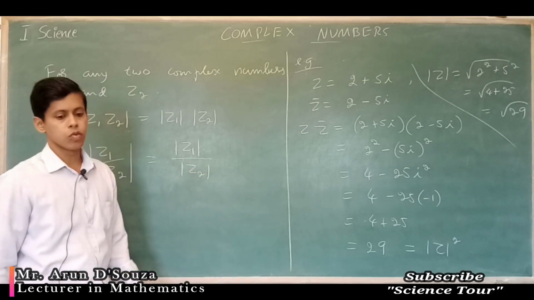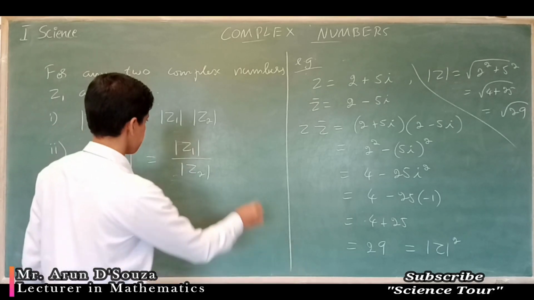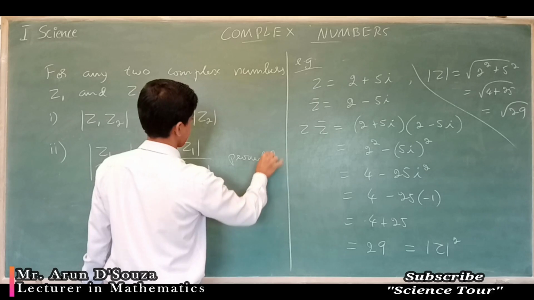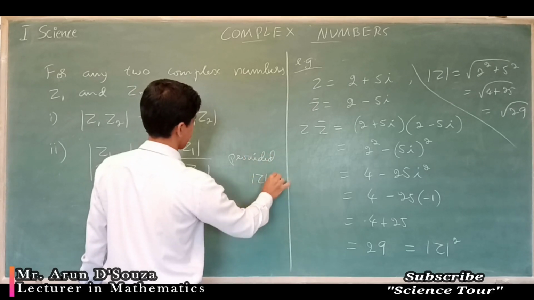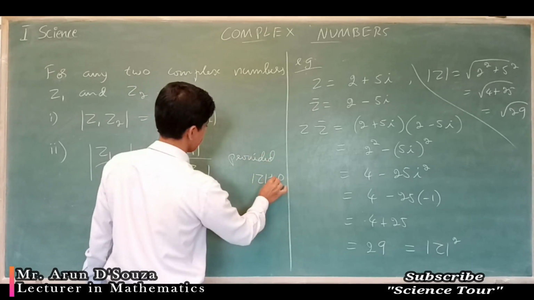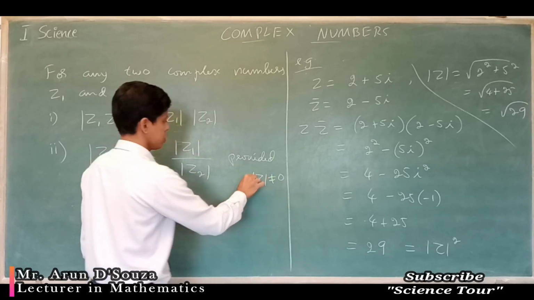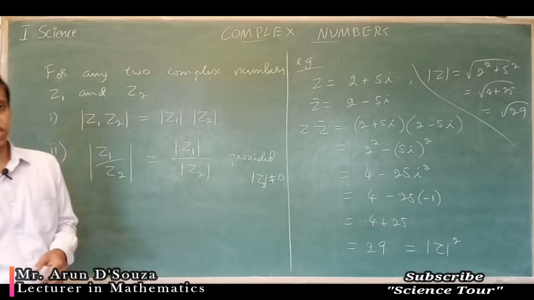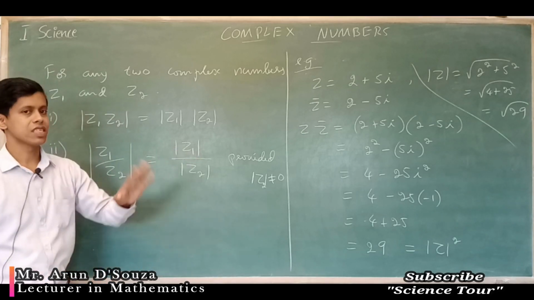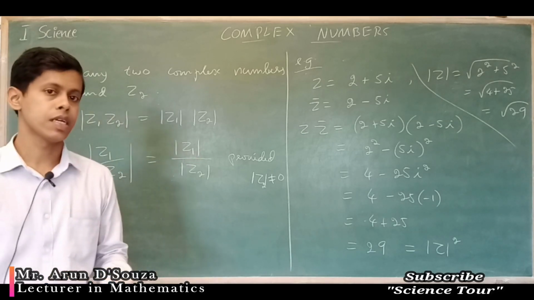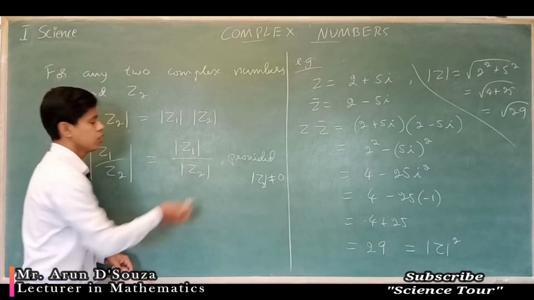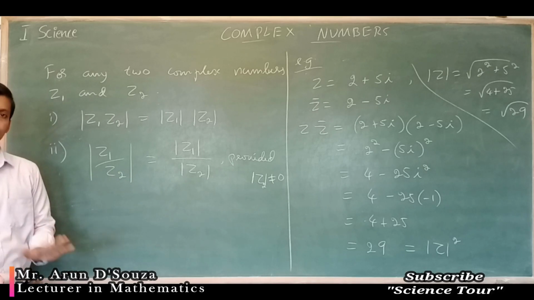Okay, so provided modulus of Z2 is not equal to 0. If it is 0, then this does not exist. It becomes infinity. Correct. Then this formula can be used.